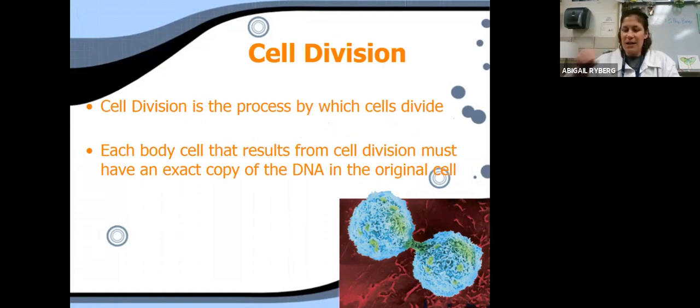So cell division is the process that we use to identify the actual process of one cell dividing into two. Okay, so actually cells dividing and making new cells. Each body cell that results from cell division must have an exact copy of the DNA in the original cell.